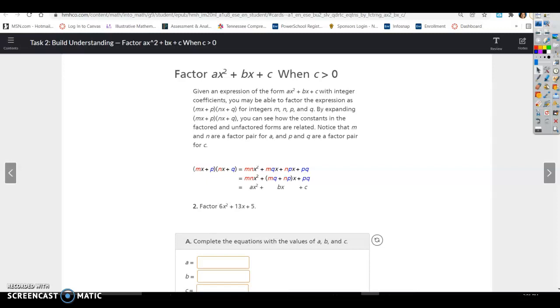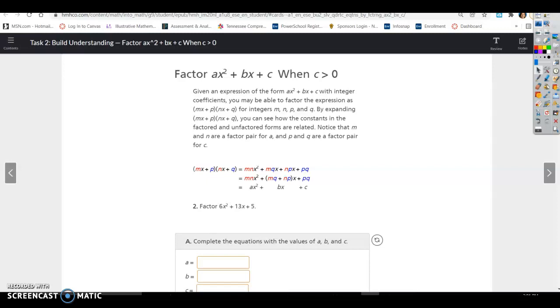Lesson 17.3, Task 2. Factor ax squared plus bx plus c when c is greater than 0. Given an expression of the form ax squared plus bx plus c with integer coefficients, you may be able to factor the expression as mx plus p and nx plus q for integers m, n, p, and q.